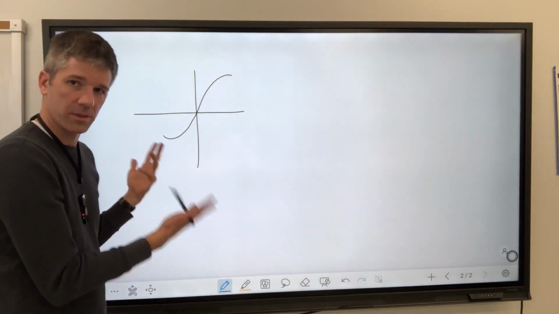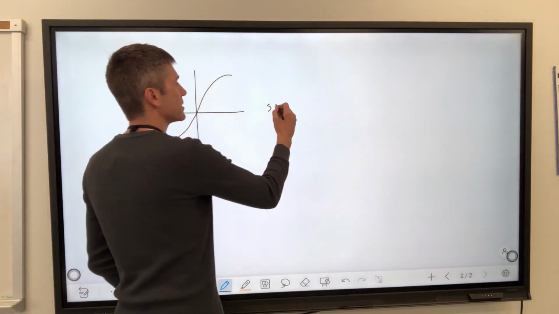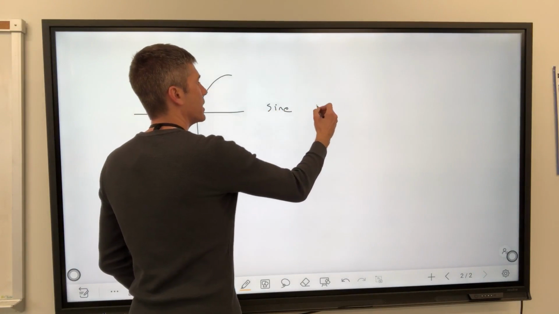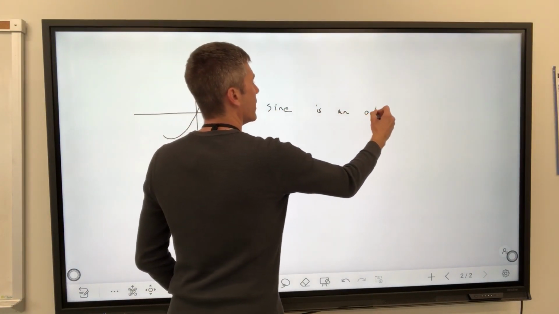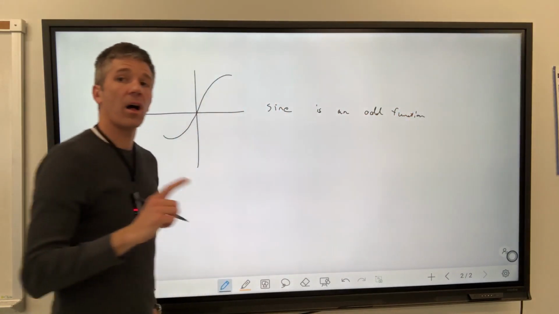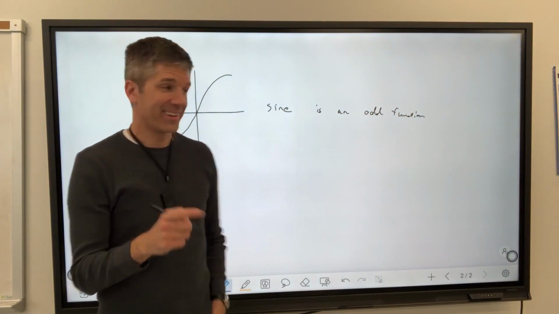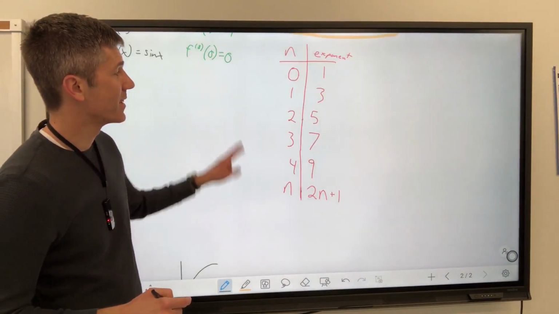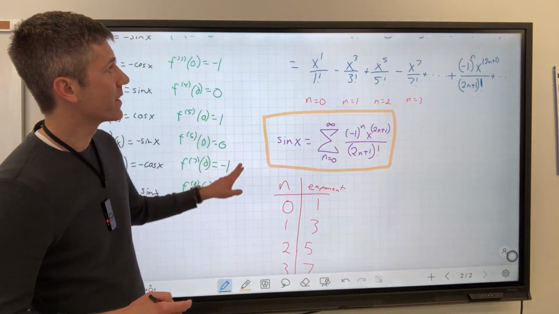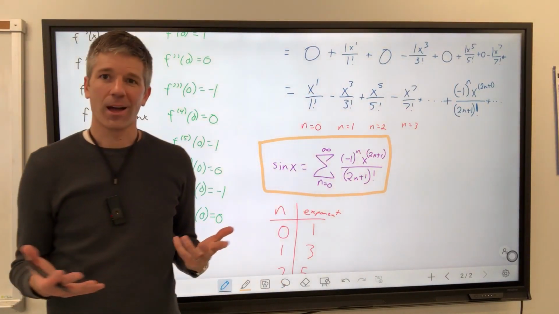I didn't draw it perfectly, but about the same. Since sine is an odd function, I know that all the exponents of sine are odd.